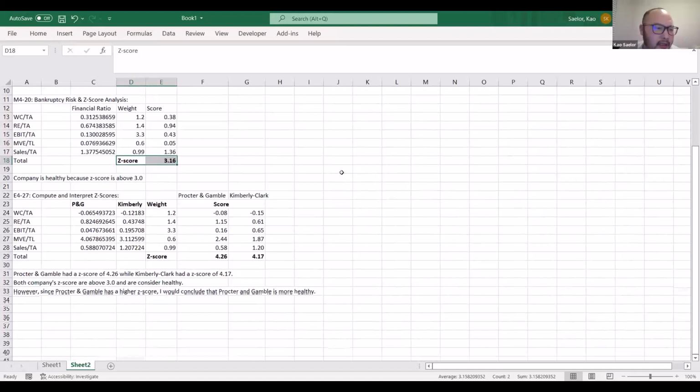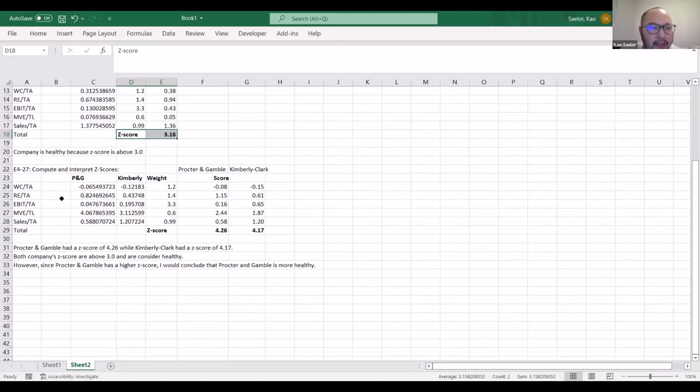And then the second question I got was E4-27, and that's basically the same thing, comparing Procter and Gamble and Kimberly-Clark. So again, I did the ratios based off of the balance sheet, and then I multiplied the ratios by the weights to get the score, and then I added up the scores again.